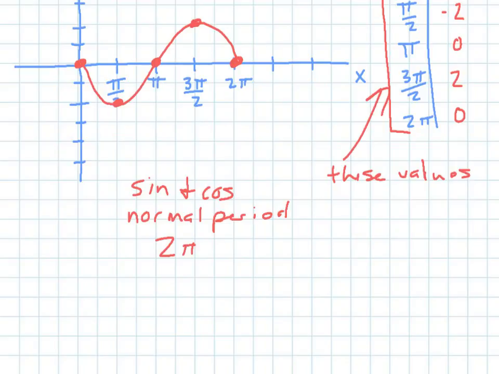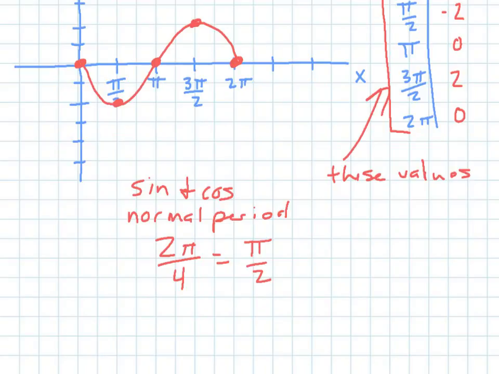And to get the nice values, I always divide my picture into fourths. Okay? And you always start with 0. So here, if I divide this into fourths, 2 pi over 4 reduces to pi over 2, right? So the increments in between, like the next points, are going to be pi over 2.